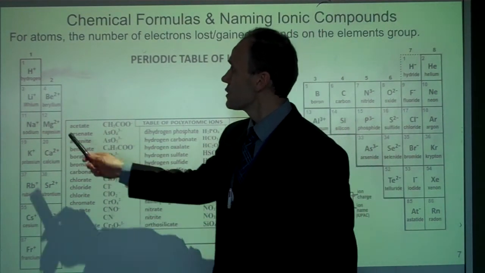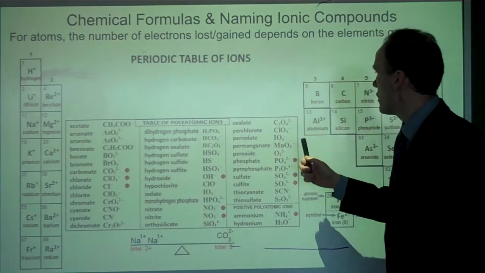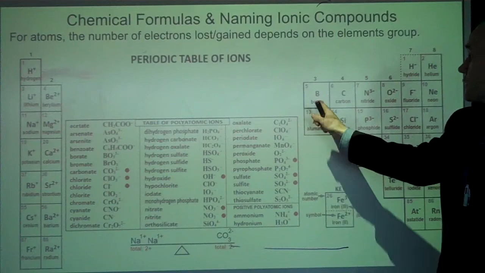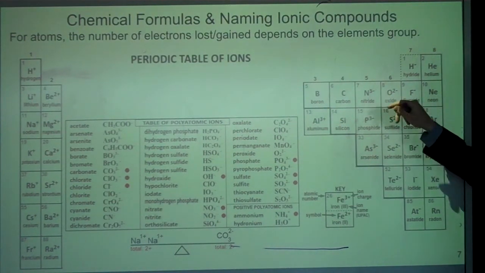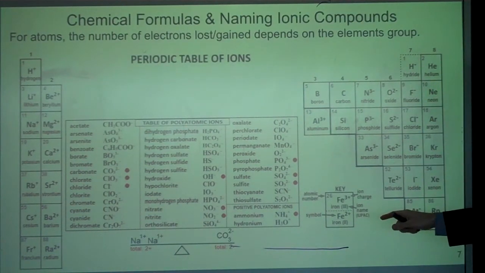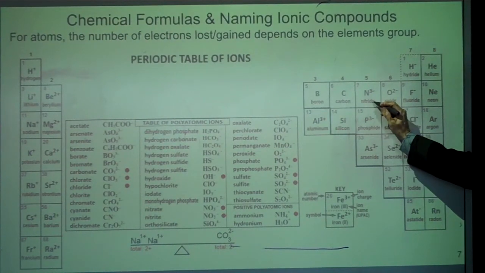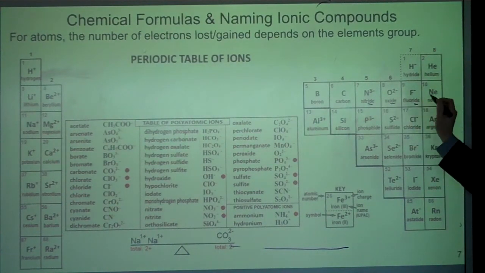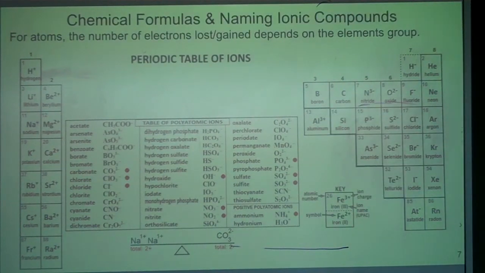And then, of course, group 1, group 2 and group 3 form 1 plus, 2 plus and 3 plus ions, and groups 5, 6 and 7 form 3 minus, 2 minus and 1 minus ions. You need to be able to work that out. And of course, if they're an ion, they end with "ide," and that comes under the naming conventions.